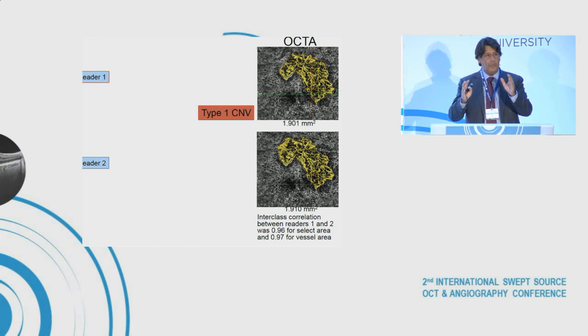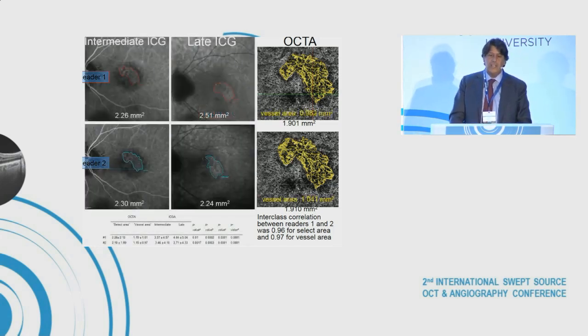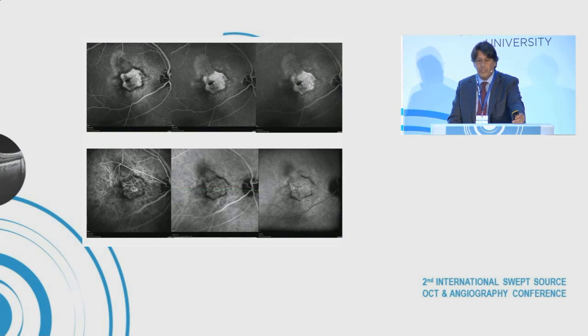It's reliable, but does it reflect the reality? To evaluate the size of a lesion, today the gold standard is not FA, but ICG. So we compared OCTA versus ICG, and yes, OCTA is at least as good as ICG, and there is no leakage, to evaluate the size of a lesion.